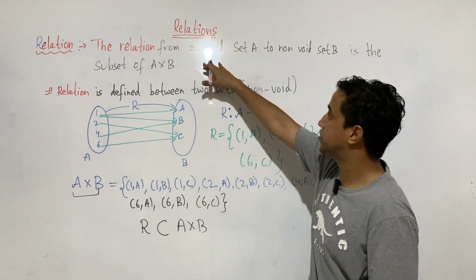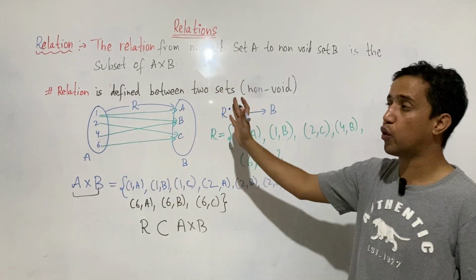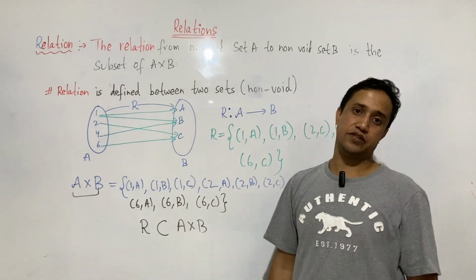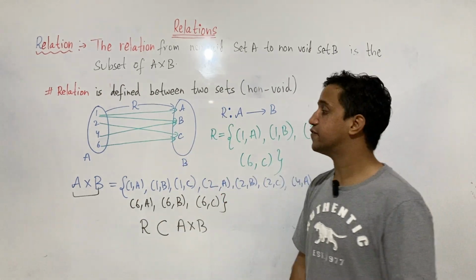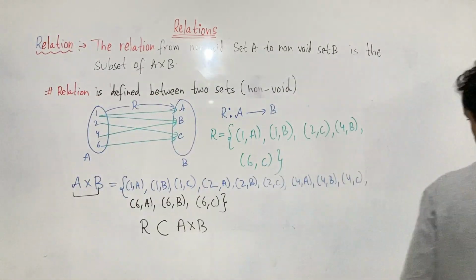Okay, so that's what the definition says. The relation from one set to another non-void set is a subset of the Cartesian product of two sets. Okay, now let's take an example.